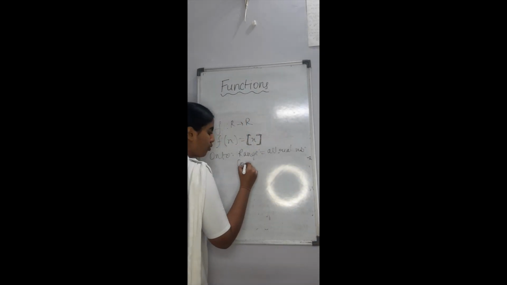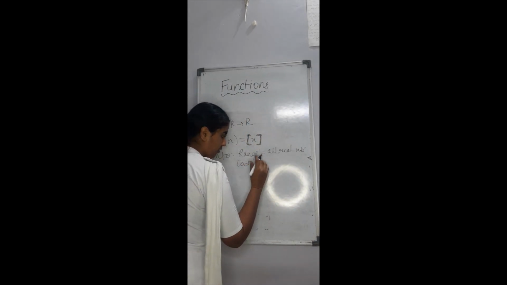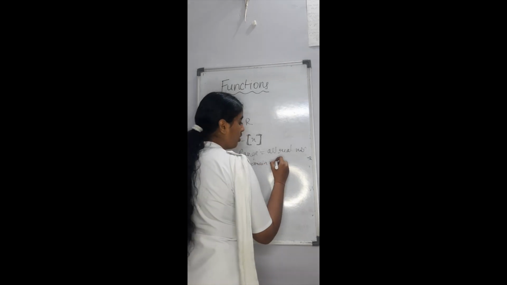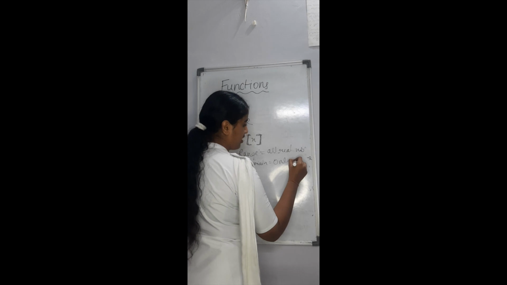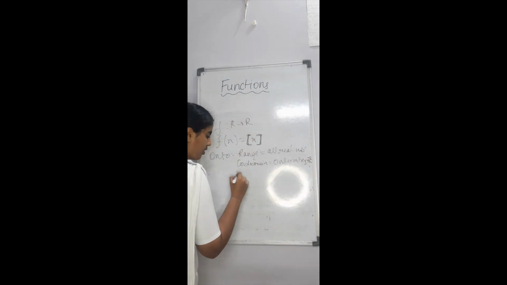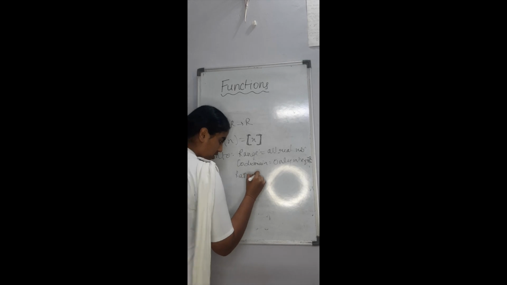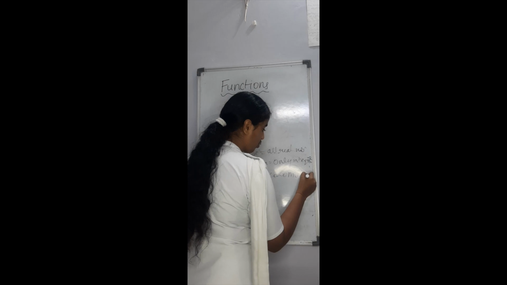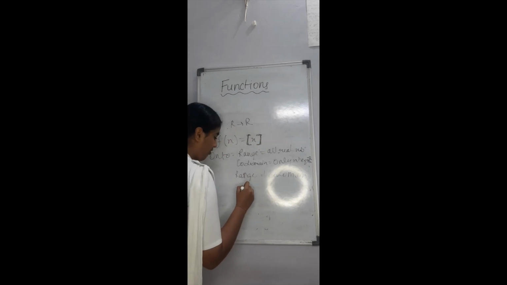So the codomain equals only integers. Now that means that our range is not equal to our codomain, and since that is not true, therefore our function is not onto either.